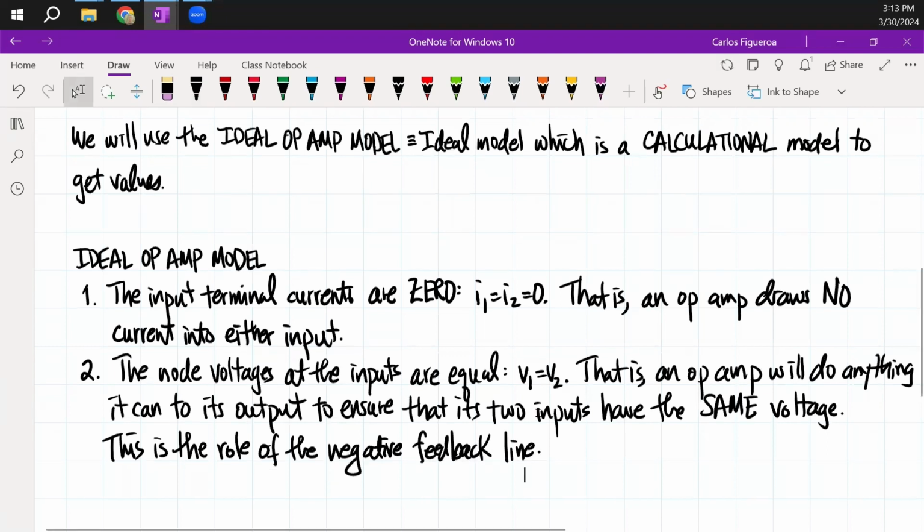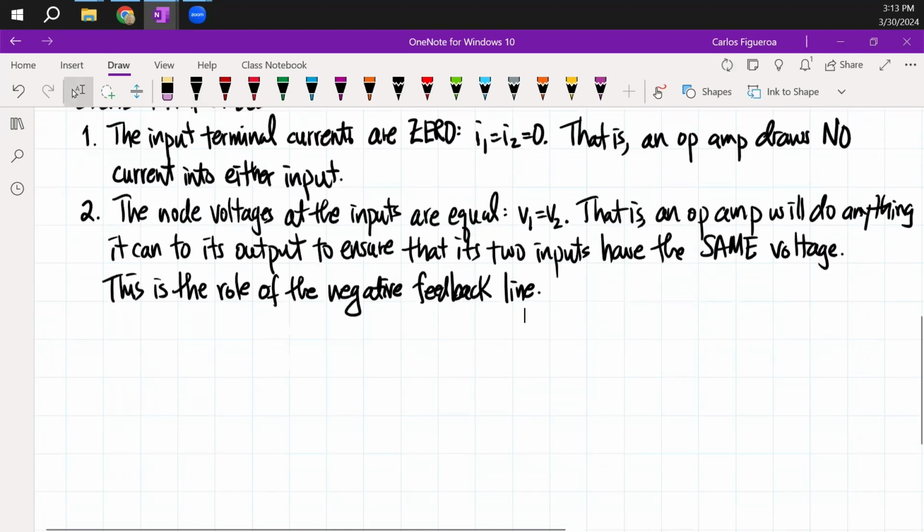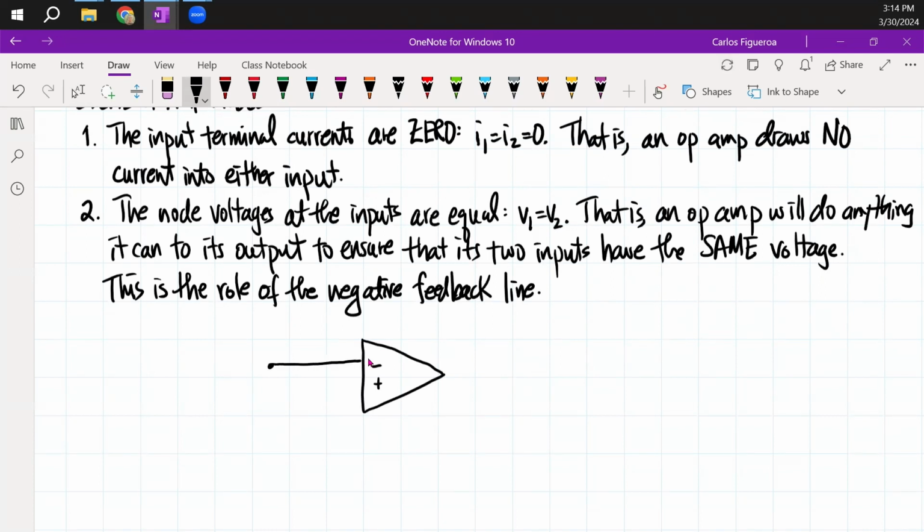So let's add a picture so you can visualize what I'm talking about. My op amp looks like this, and so I have minus, plus. When I look at these, what am I seeing?